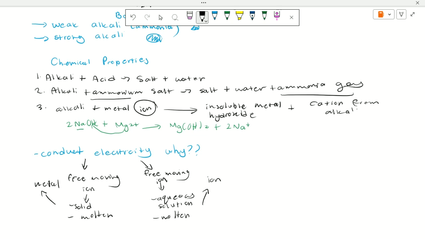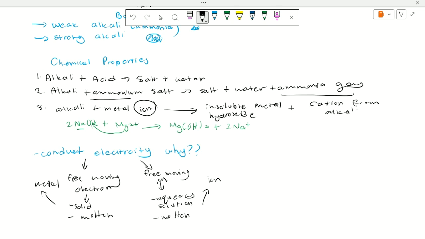So basically, if you want to conduct electricity, you need to have free moving ion or free moving electron. What the heck am I saying? Sorry, free moving electron. So you need to have free moving electron or free moving ion.